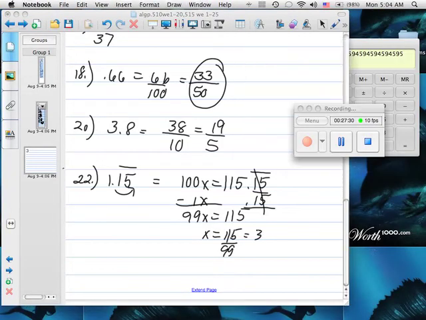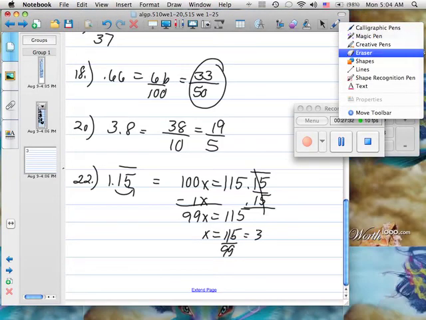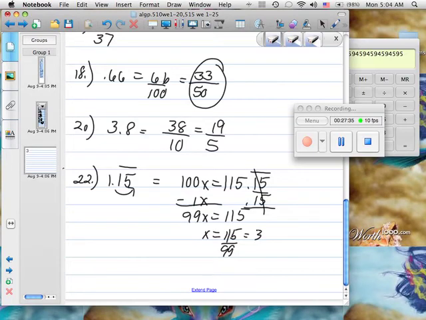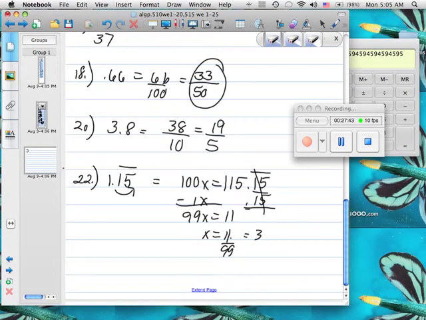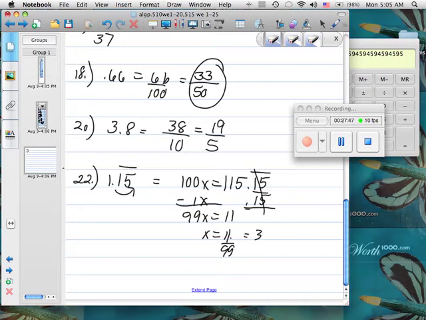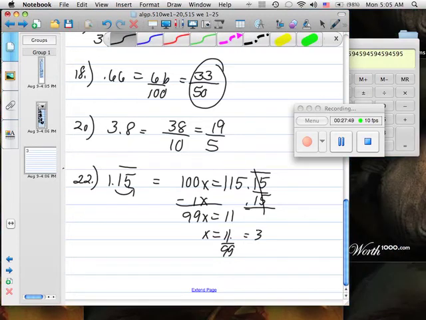Okay, my mistake was I forgot the 1. When it slides over, it's 100. The 1x is 1.15, and I forgot to put that in there, so that makes a difference. So that's 114.